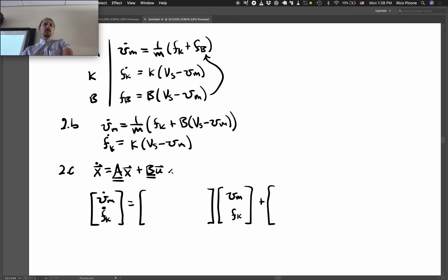So a 1 vector. So it has to be a 2 by 1 matrix. And our input u is just Vs. So this is going to be our A matrix. And this is going to be our B matrix.